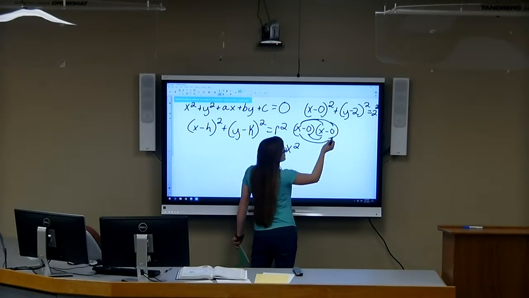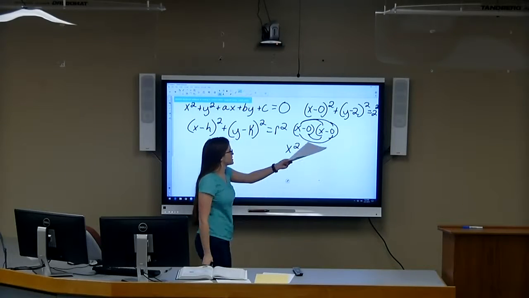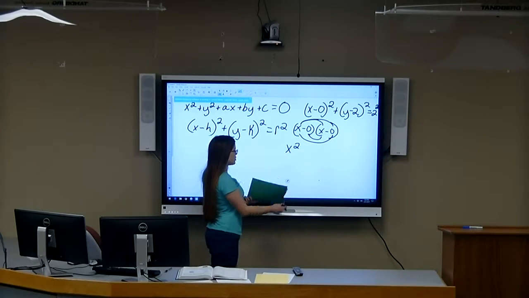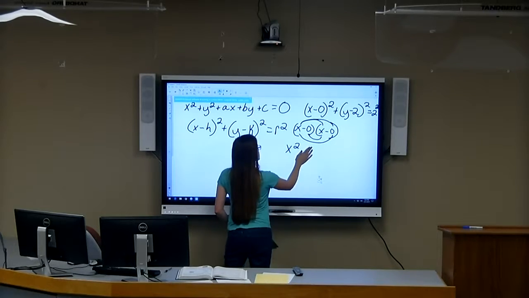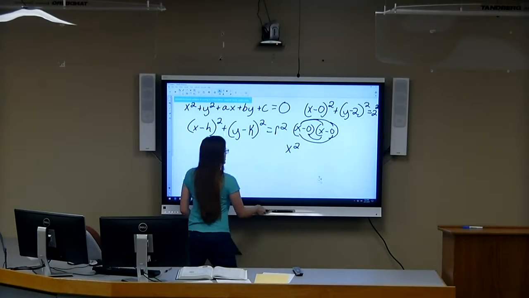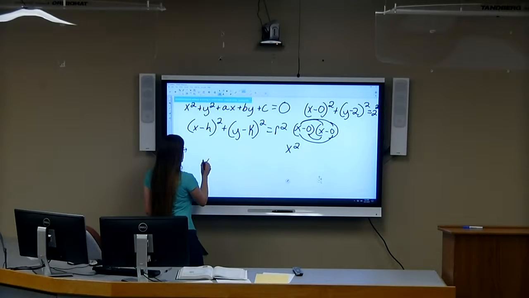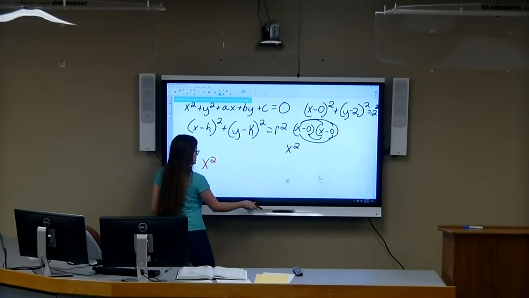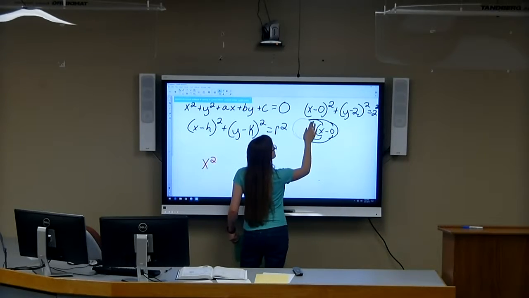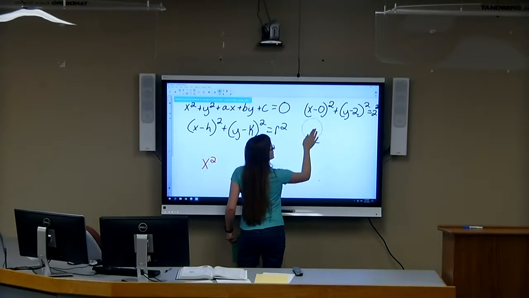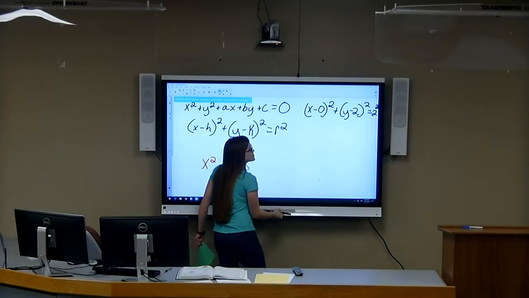And then last, which, once again, anything multiplied by 0 will give you 0. So all you get from this problem is going to be the x squared. So let's go ahead and transfer that down here. I'm going to erase this part. And now we're going to work out y minus 2 squared.